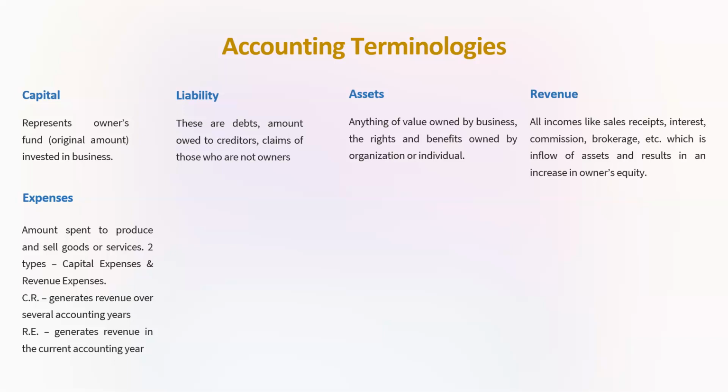Capital expenses are something which can be generated year after year, because it adds more interest to the capital. Once the capital is invested in the business, year on year the capital should grow. So whatever is spent adds more value to the capital invested by the owner.